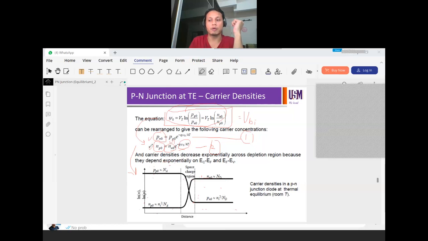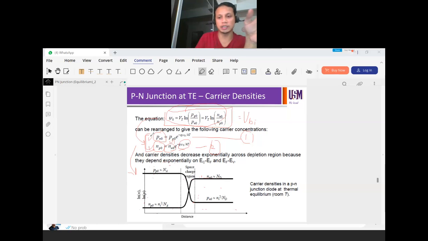So I want you to focus on the middle equation now, the Pn naught and Np naught. The one on top is before we rearrange. The middle one is after we rearrange. So in order to explain the figure below, we want to use the middle equations, so that you don't get confused.